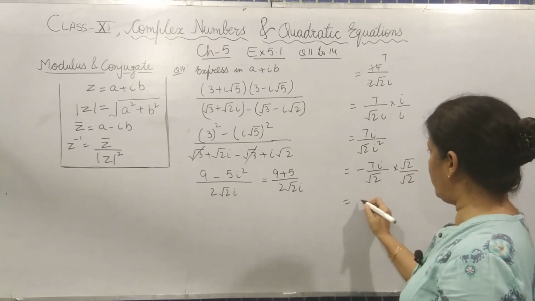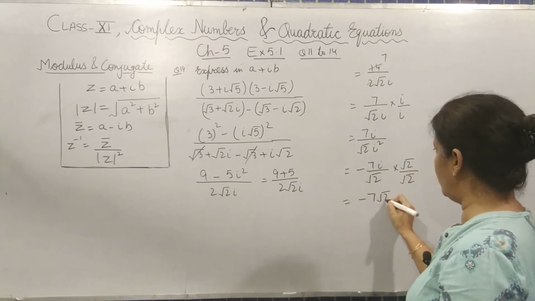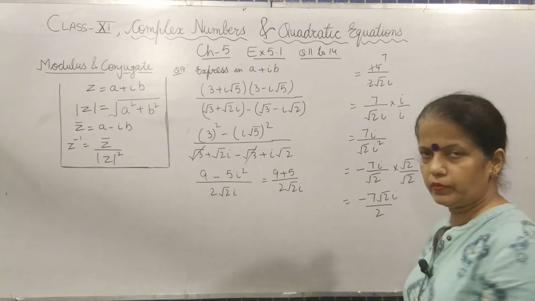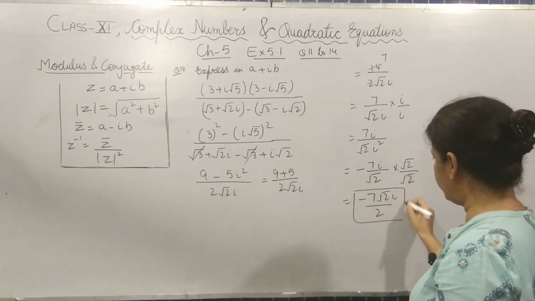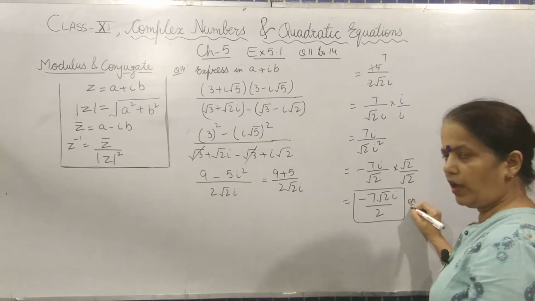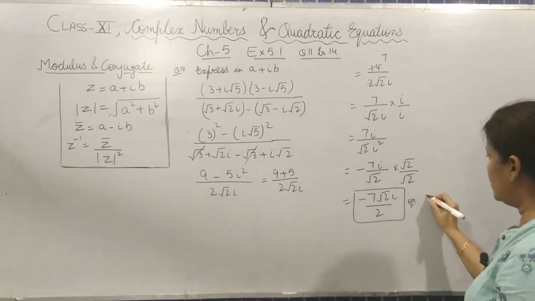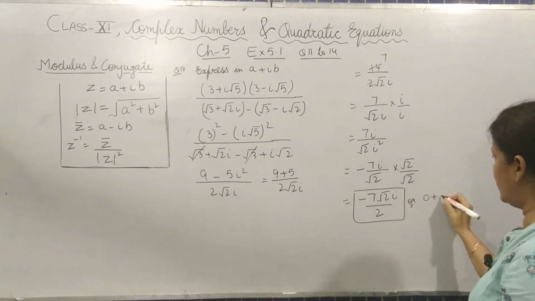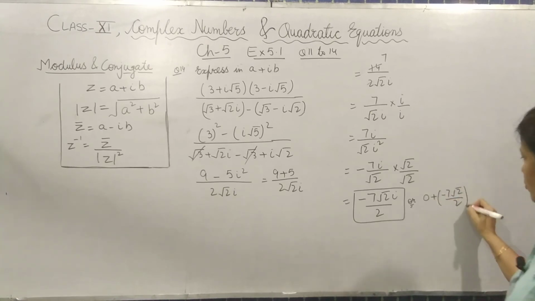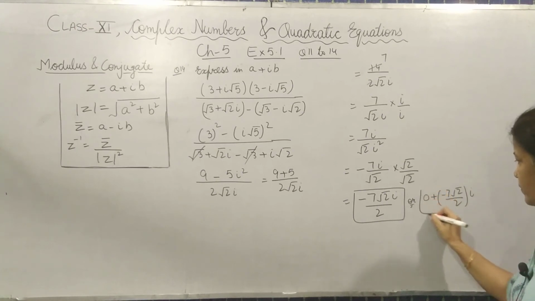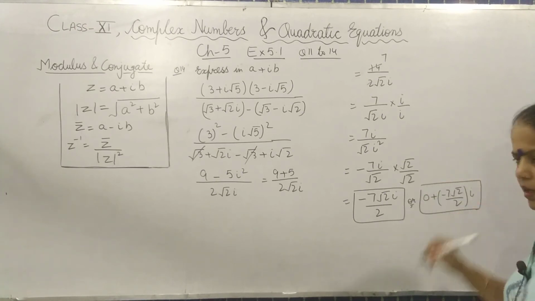So it will come as minus 7 root 2 iota upon 2. So this is in the form of a complex number. Or you can write it in the a plus b form if you want: 0 plus minus 7 root 2 upon 2 iota. Like this also you can write it.